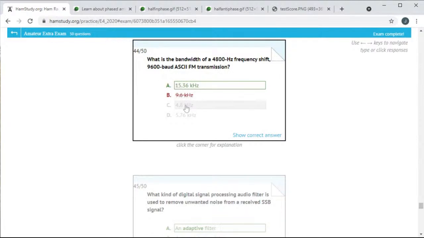So it's going to be more than each individual one. So it's going to be more than 96. It's going to be more than 48. And the only one that's more than both of them is the 15.36.